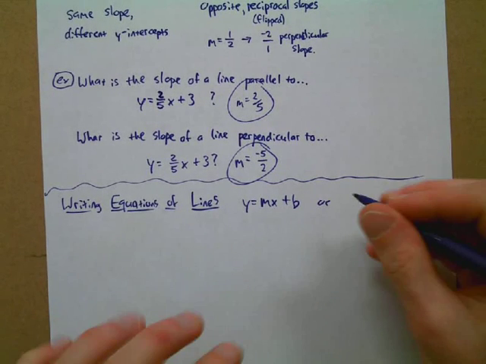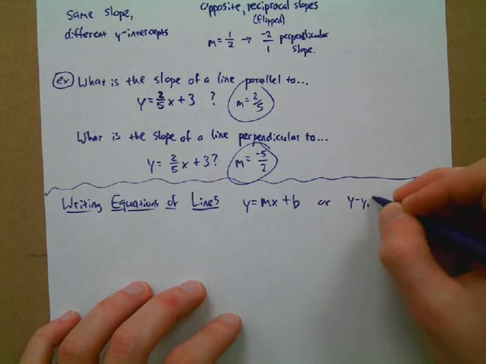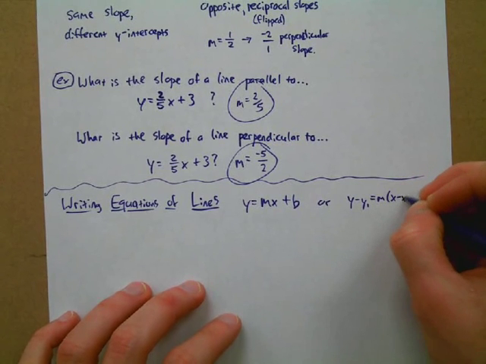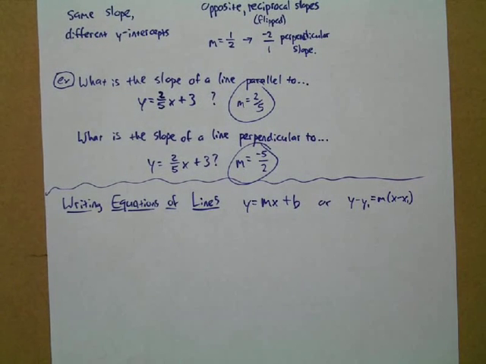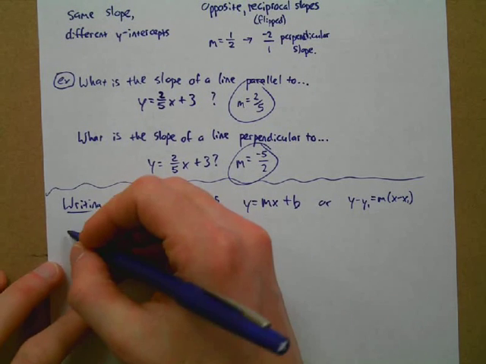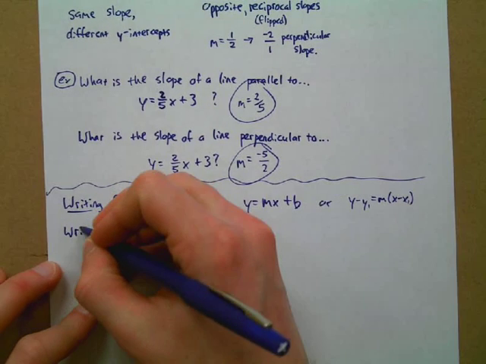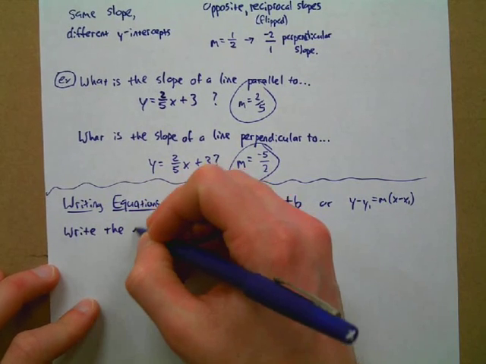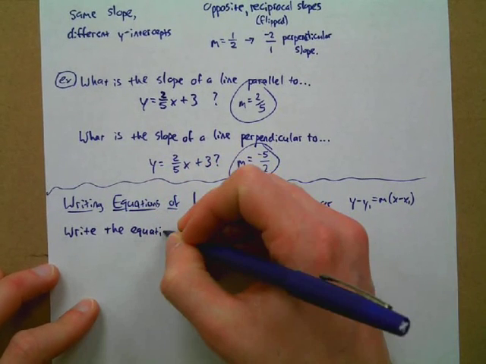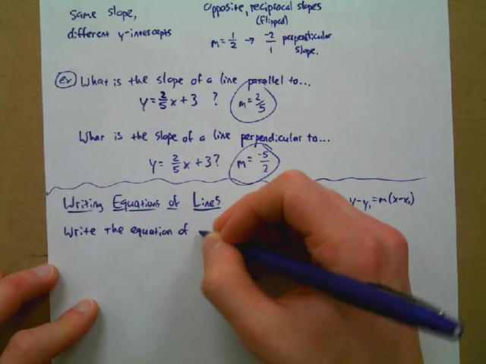So let's say our directions are write the equation of a line given, dot, dot, dot, and then we'll do some different scenarios, some different kinds of information that we can then use to write the equation of that line. Let's start with something hopefully not too terrible.